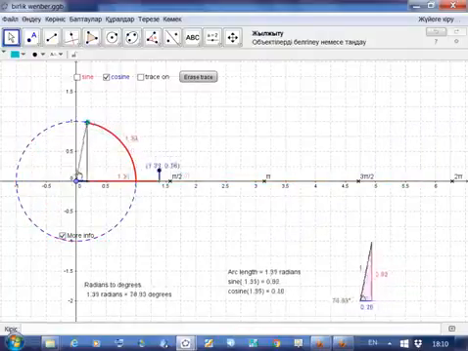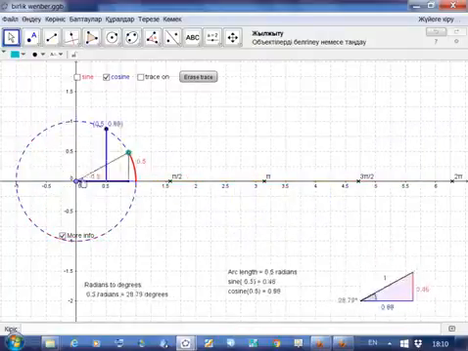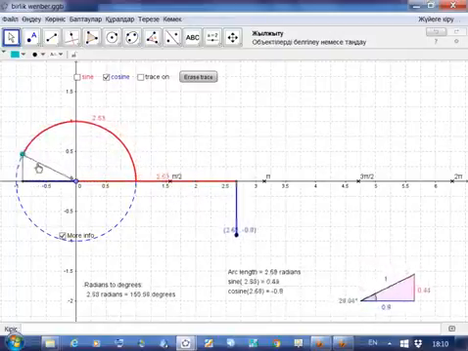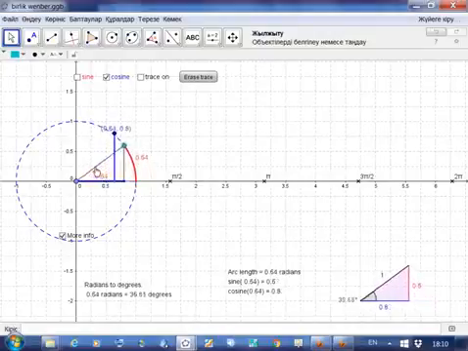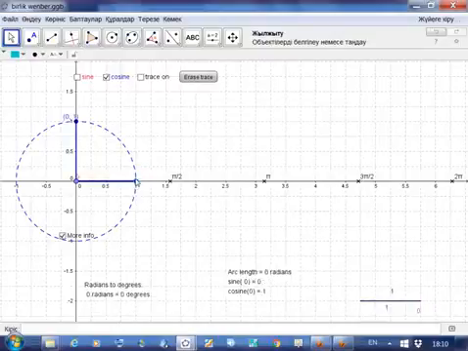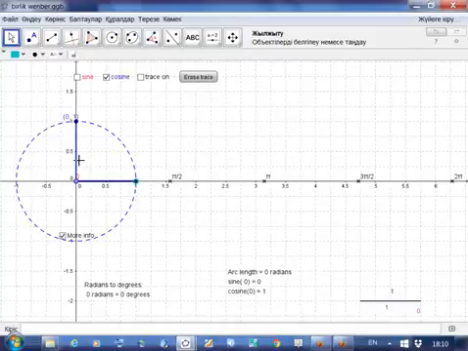That means the length of these two blue line segments are always equal. Okay guys, now when this angle is equal to 0, the length of the blue line segment is equal to 1. Here it's also 1. That means the value of the cosine for the angle 0 is equal to 1.